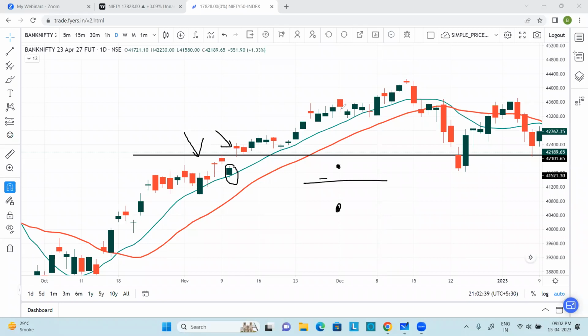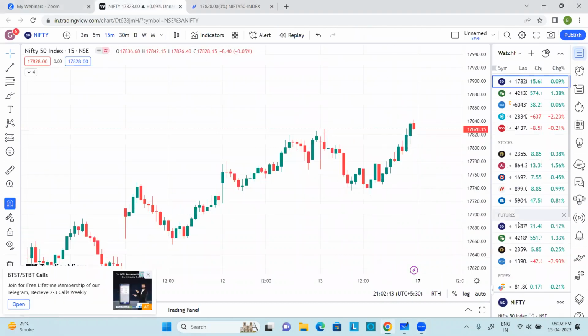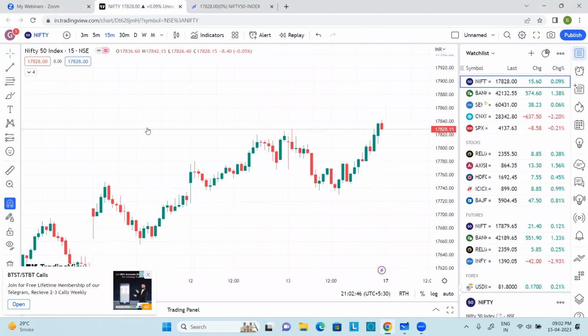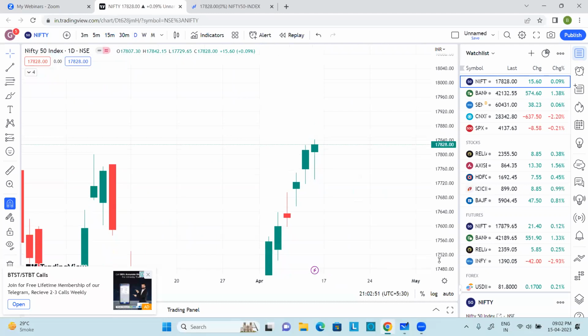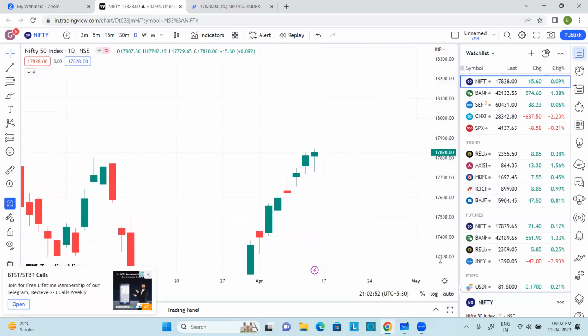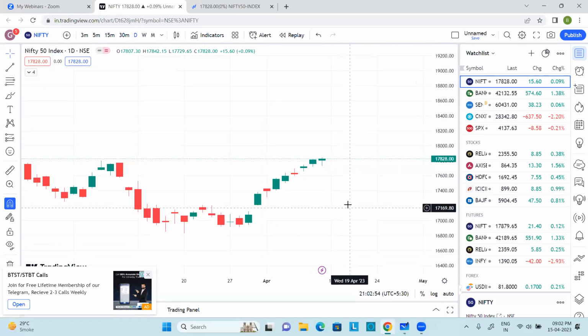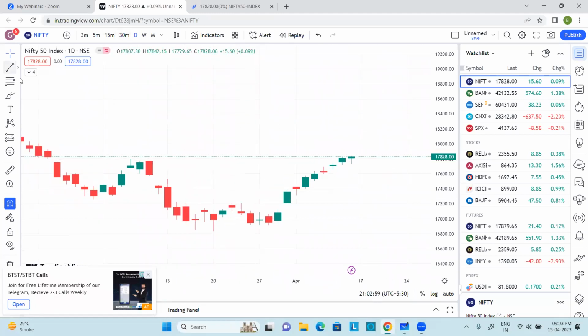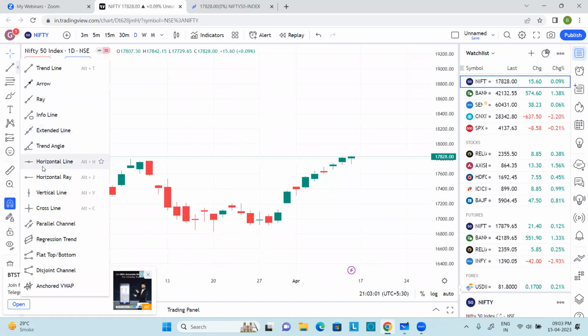Let us see some more examples. Let us check in the stocks. You will get more. And this one is also a very nice example here in Nifty.